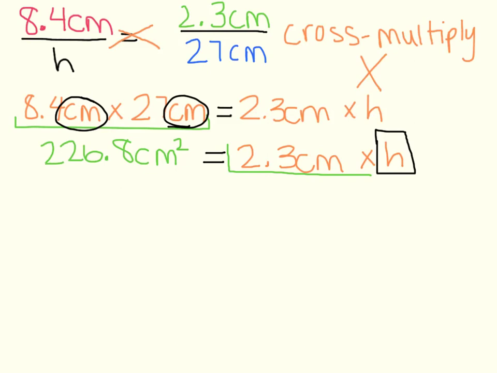We would simply need to do the opposite operation of what's already happening. Currently, it's being multiplied. What would be the opposite operation here? You're right, it would be dividing. So let's go ahead and divide by 2.3 centimeters.